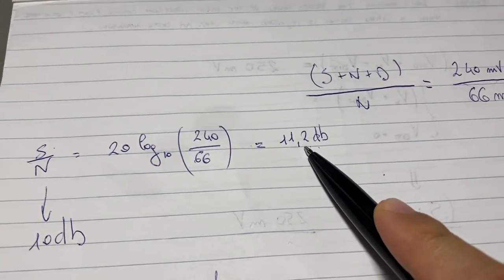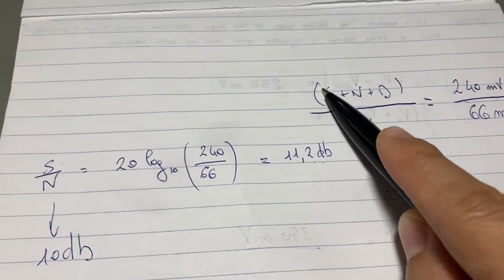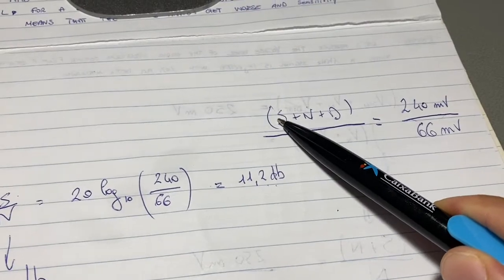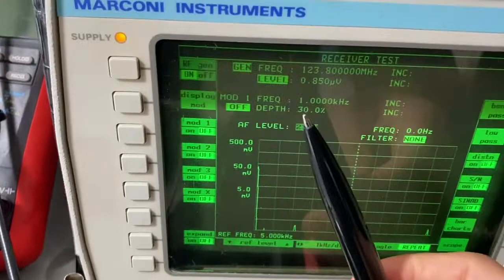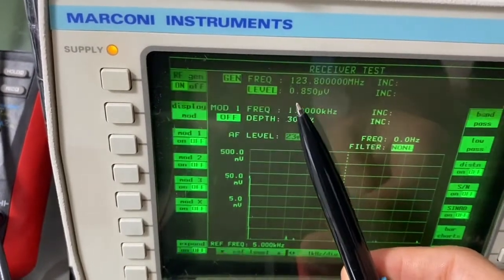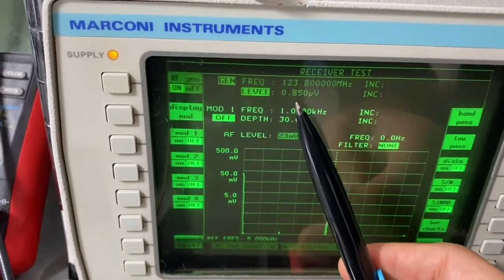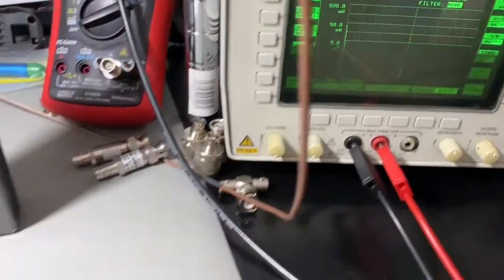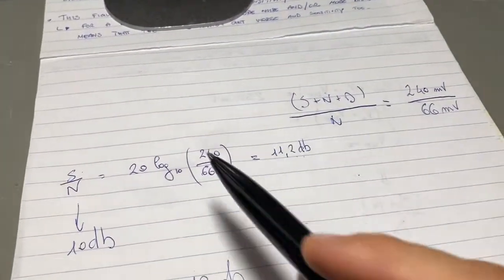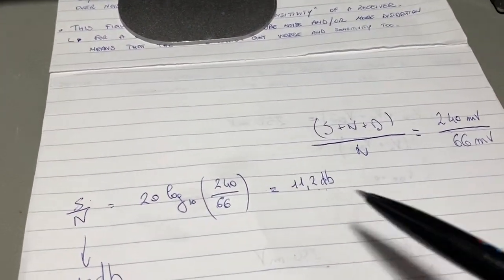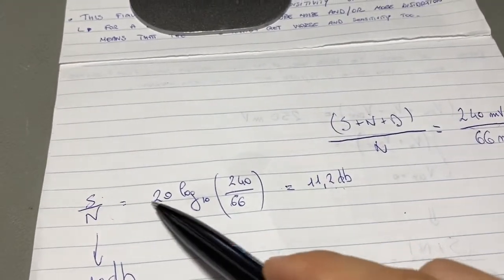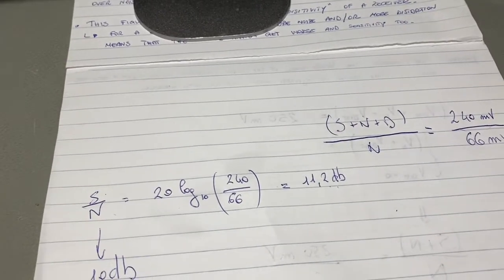If we see what is the voltage level of the signal that I have injected to get this ratio, just go here and read the level. It's 0.85 microvolts. So what does it mean? That to get 10 dB of ratio, we can lower this figure, and we could do the math backwards with the exponential.